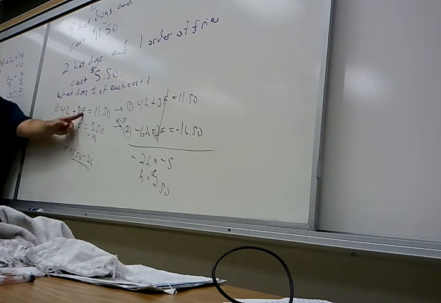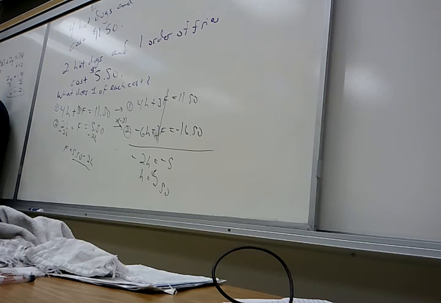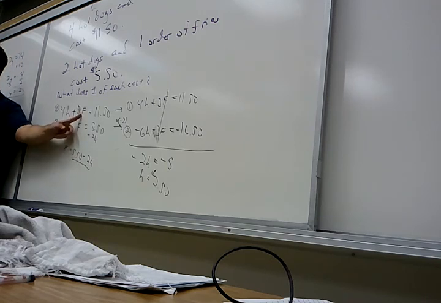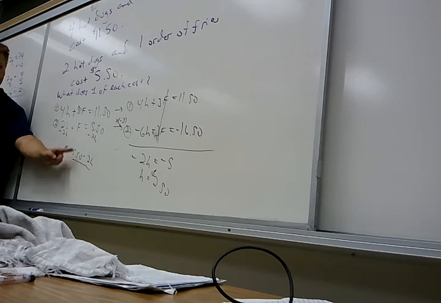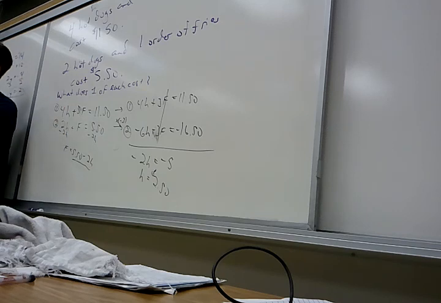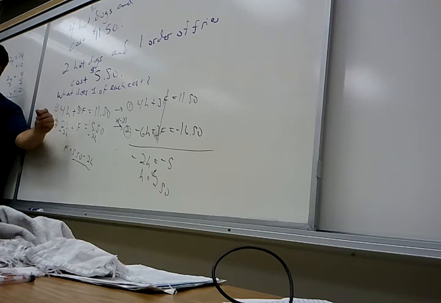I'll take that and plug it in place of F up there. That's the substitution method. Real quick, if H is 250, you plug it back in and solve for fries, right?